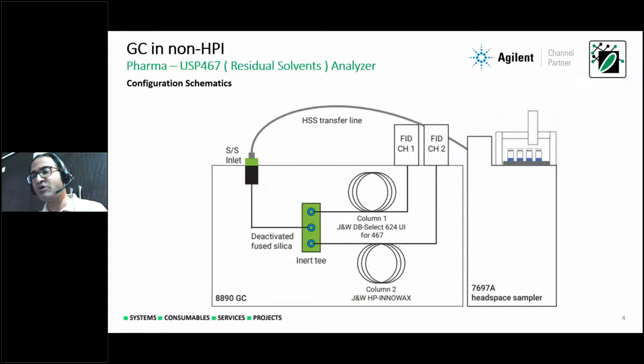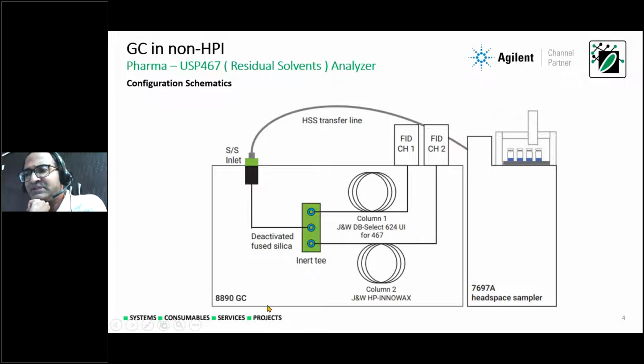Therefore, these 2 columns work complementary to each other. If something is not separating on the Innowax column, we have made sure that that compound or pair of compounds separates really well on the 624 column, and vice versa. So these 2 columns are really complementary to each other, and this is why we suggest these 2 different columns with the 2 FIDs hardware.